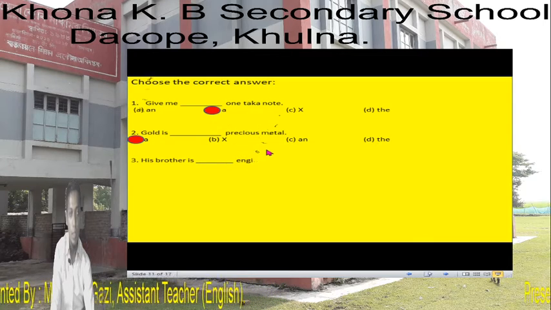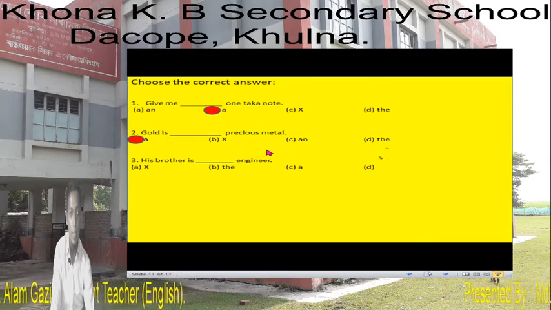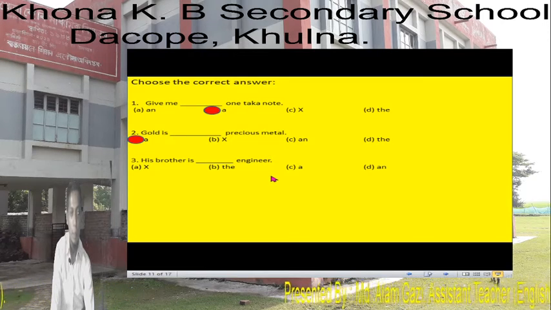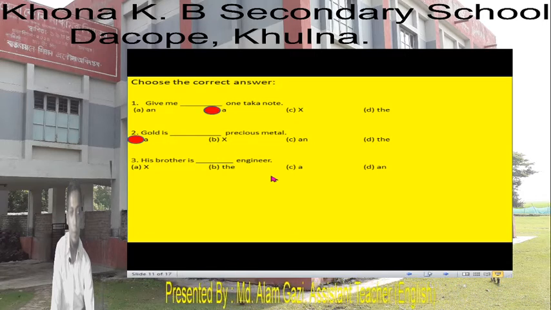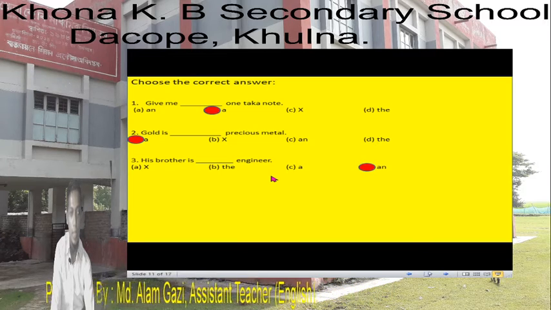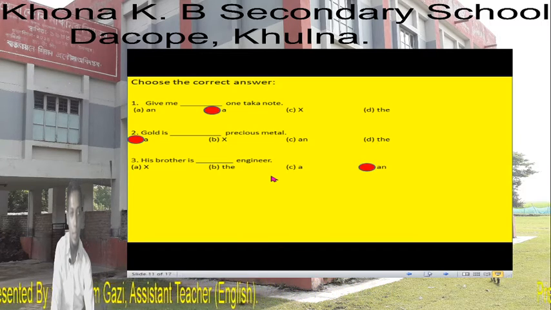Third question, his brother is dash engineer. A, cross. B, the. C, a. D, an. What is the correct answer? Yes, the correct answer is D. An. His brother is an engineer.